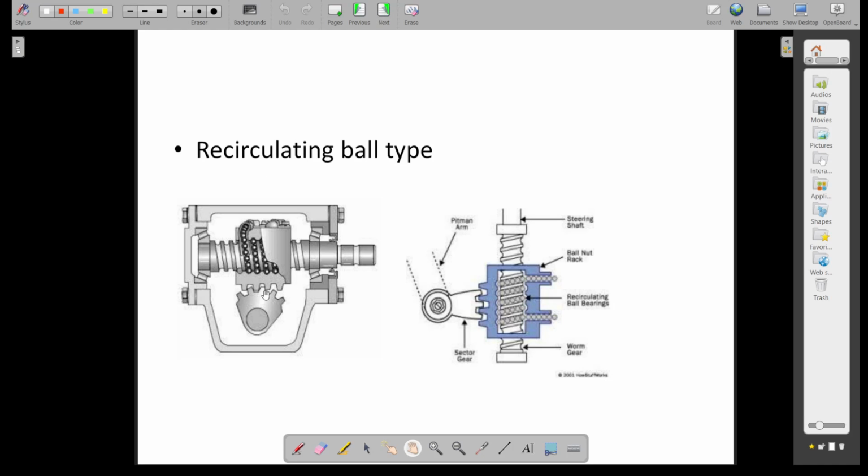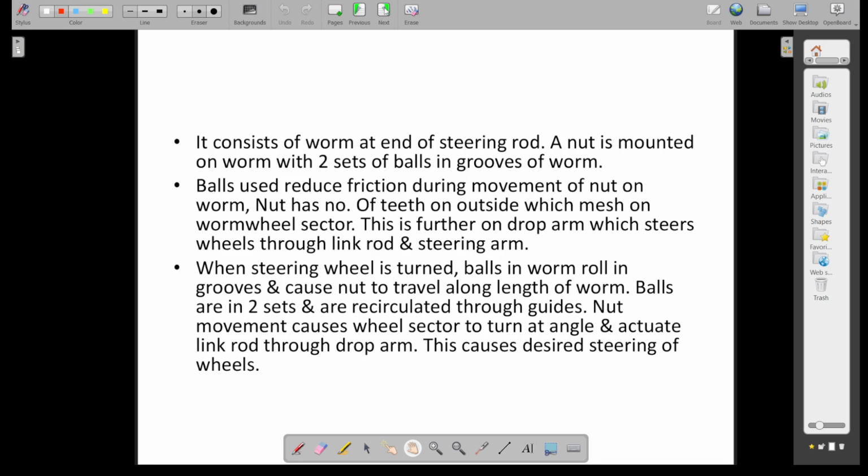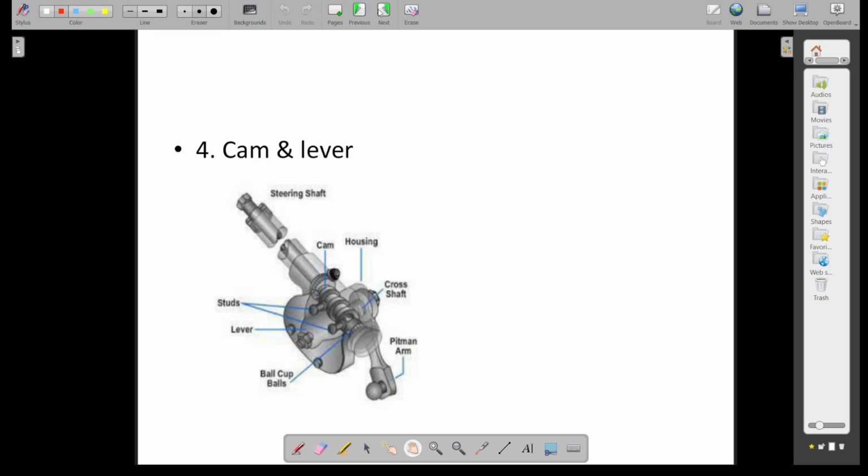Then there is a recirculating ball type of arrangement, in which we again have one sector gear, which is meshed with the worm gear, and the worm gear gets the reciprocating motion, and the reciprocating motion is given to the tie rods. Understand the things I am telling you.